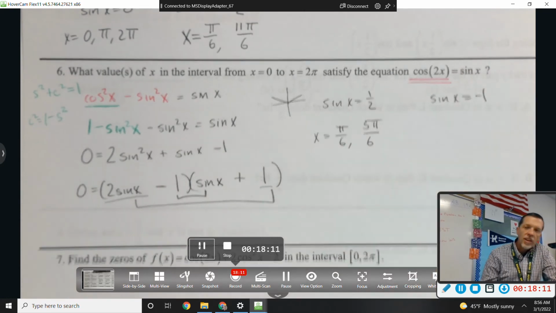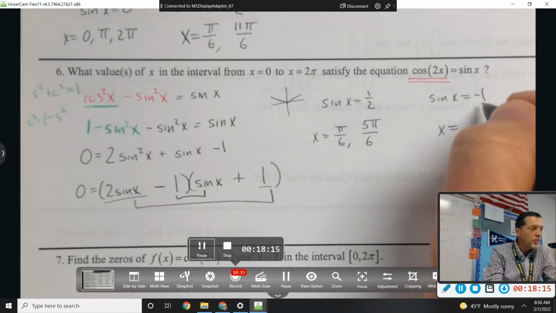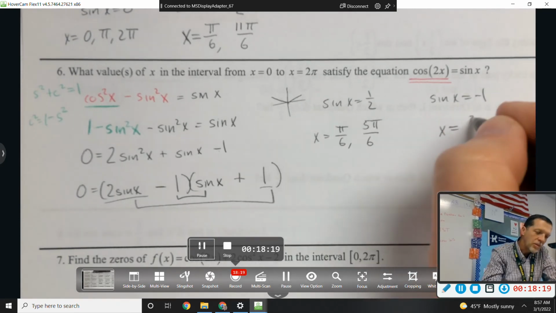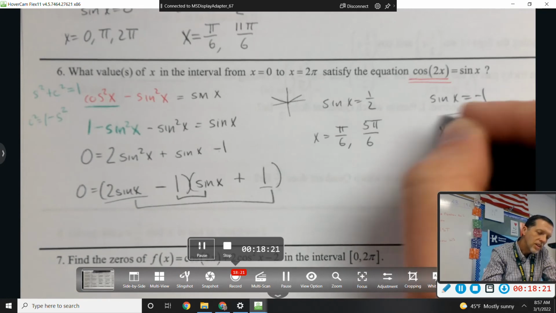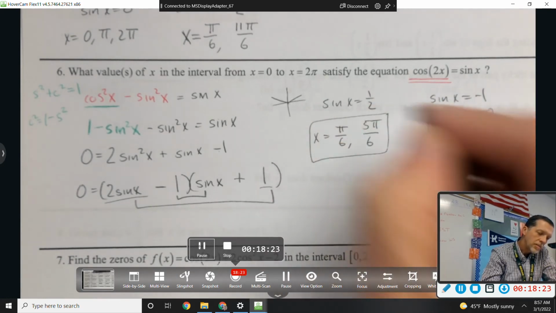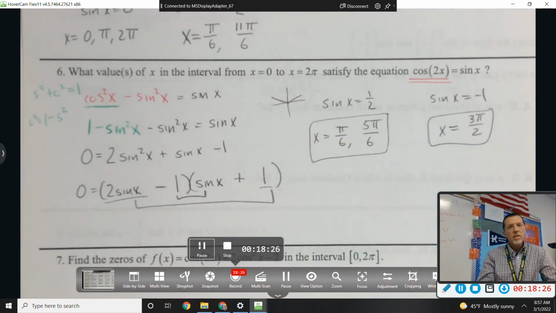Sine of x equals -1. That one I can do without drawing because that would be at the bottom, so that'd be 3 pi over 2. Again, as always, show the work that you need to show to get the answer right. It's not a contest of who can show the least work.